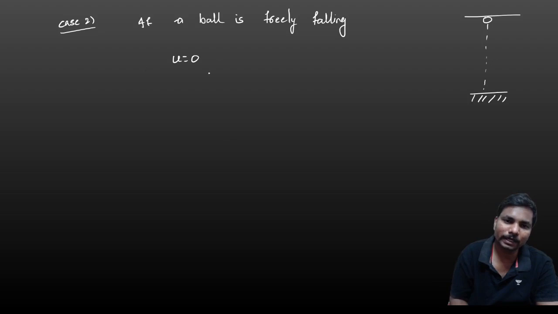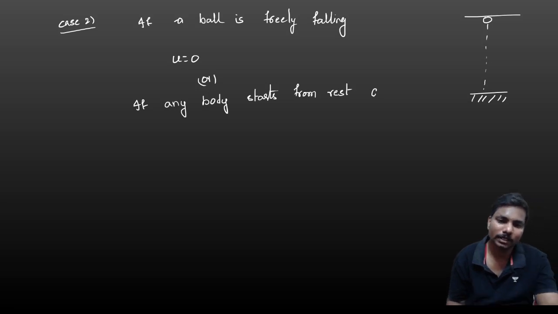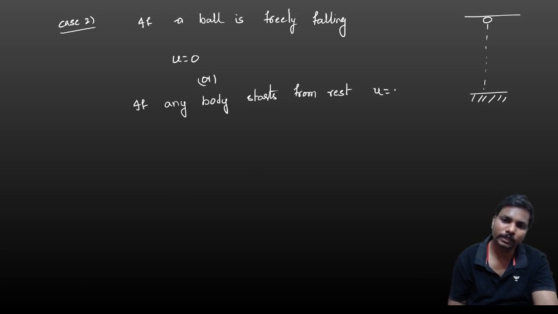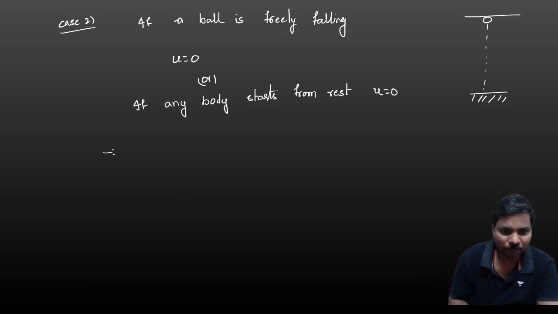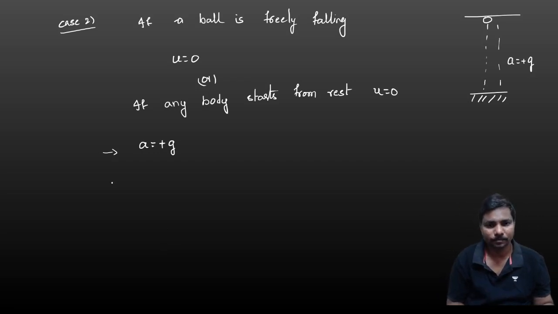Or if any body starts from rest, in this case also take the initial velocity u as 0. Very important. If a ball is freely falling, accelerating downwards on the same side as gravity, then a is equal to plus g.